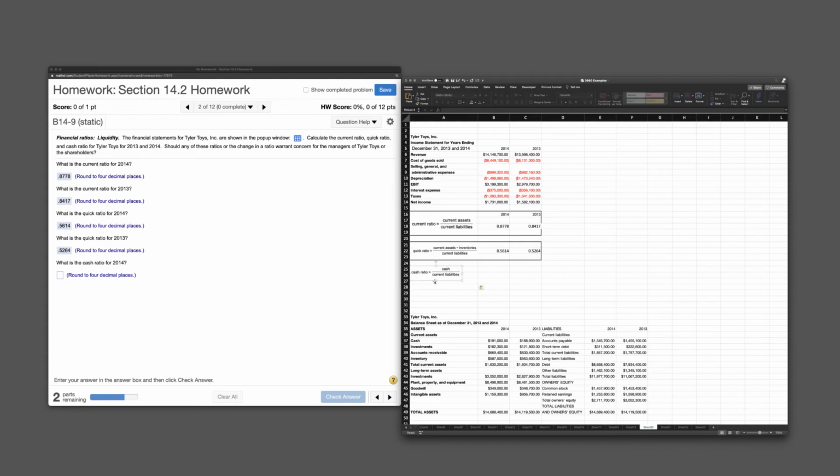Right, wonderful. And finally, cash. Cash is king. I don't know if it's obvious, but your cash ratio is just going to be your cash over your current liabilities. Now, this definitely is really dependent on the industry.